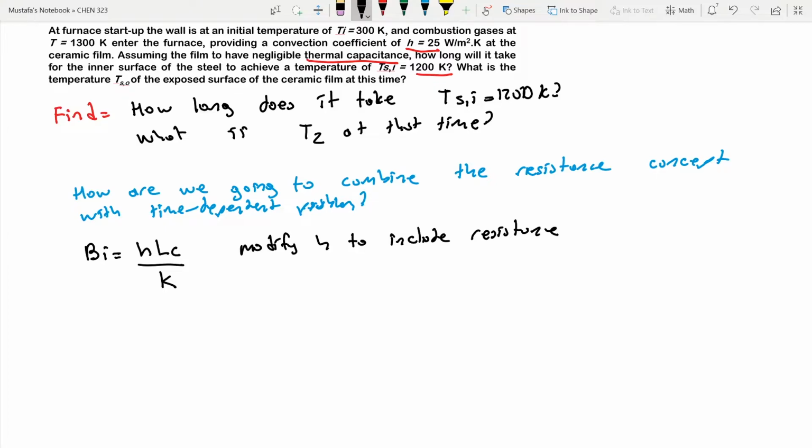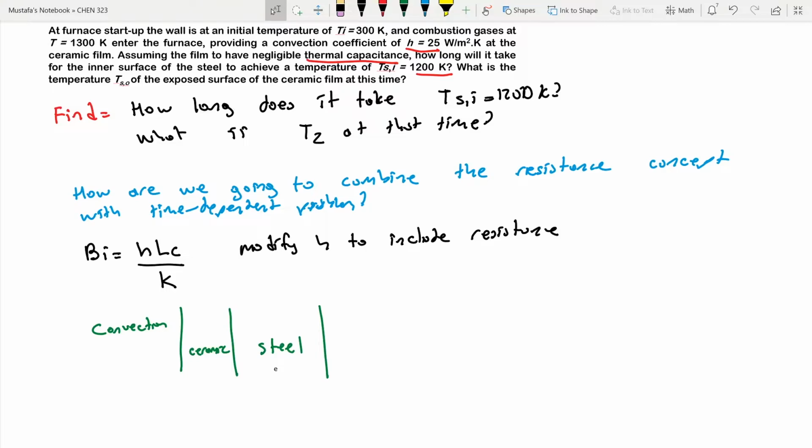If you want to draw it at a large scale, we have convection here. I'm magnifying it. This is the ceramic layer. This is anti-corrosion material. And we have the steel.